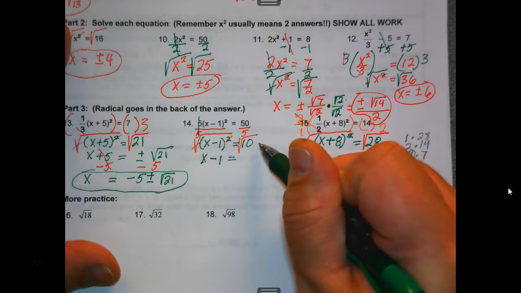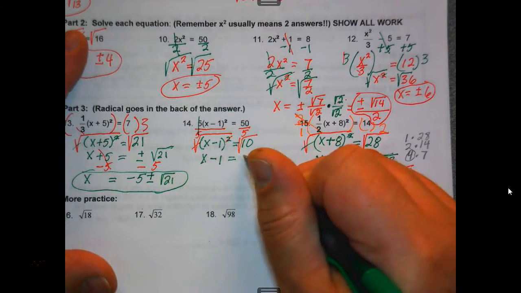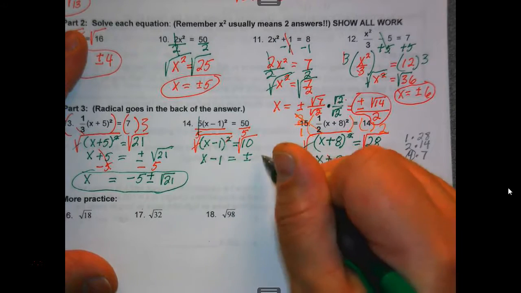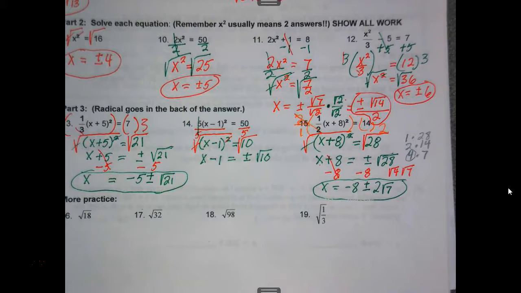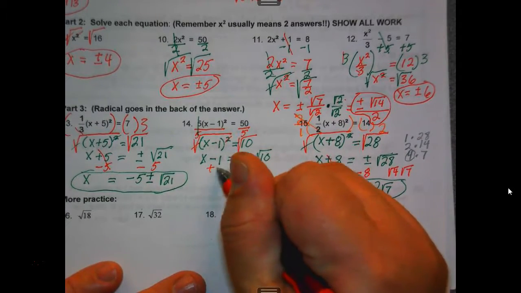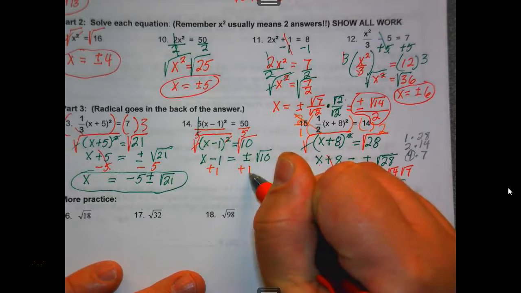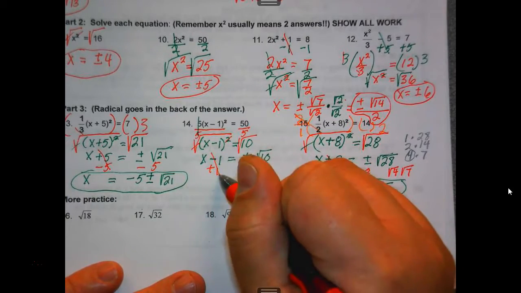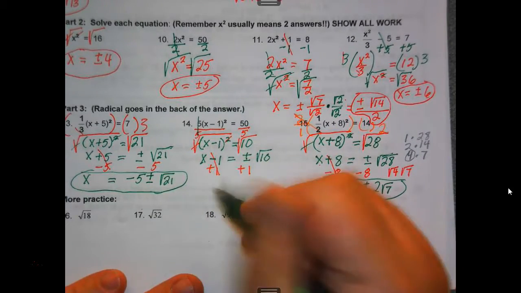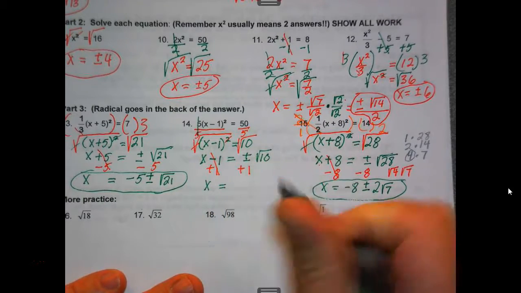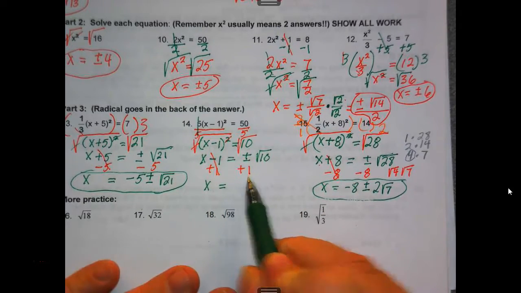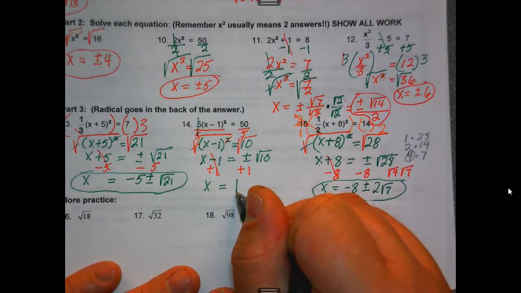Whenever I take the square root of a number when I'm solving an equation, I have to use the plus or minus. Square root of 10. Now the only way I can get x by itself is plus 1. So I'm going to add 1 to this side. These cancel out to 0. I get x equals the whole number comes first, positive 1.